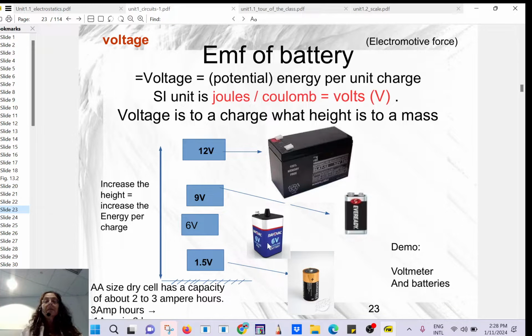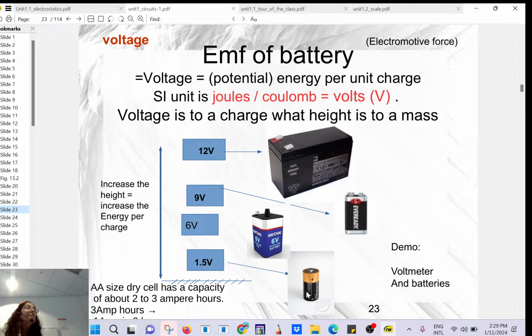Like this one is 6 volt, this one is 9 volt. You can use this one for your camping lamp, but you are not able to use this one even though it has more voltage. So what do you think is the difference? This one can provide more energy than that one because you have voltage and you have current.